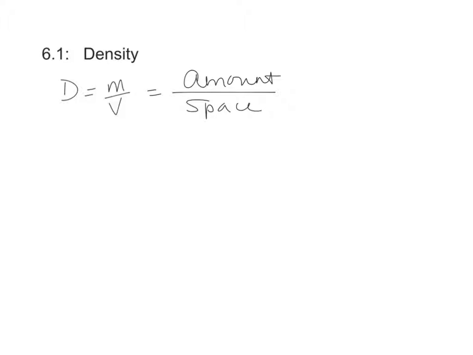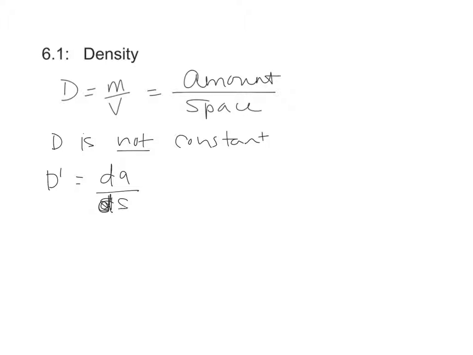So now let's consider this as density is changing. Let's say that density is not constant. Porous rock, for example, is not constant. Some parts of it might be more porous than others. So if it's not a constant density, we can write how it's changing as a representation of the change in the amount over the change in space.